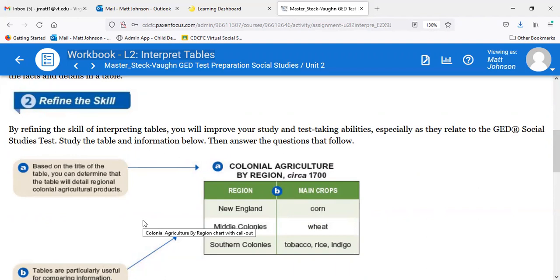Definitely focusing, and you can see again how we're tying in that history aspect with our social studies. We did this with the maps. We're focusing in on the era of colonialism in North America. So our title is Colonial Agriculture by Region, circa, which basically means estimated, about, so right around 1700.